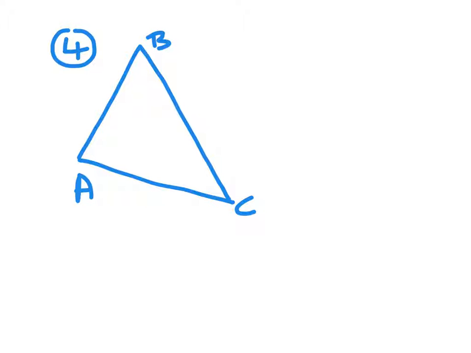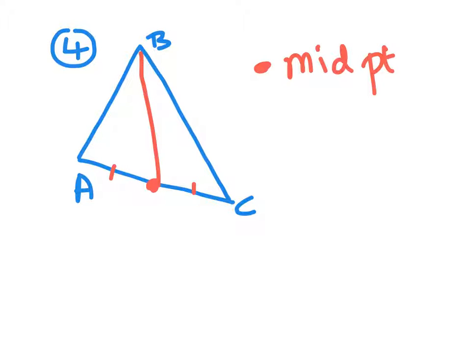Question 4. Find the equation of the median through B. Now remember, a median is a line which goes through the midpoint of the opposite side. So the stages to do here, the first thing we need to do is work out what the midpoint of AC is.